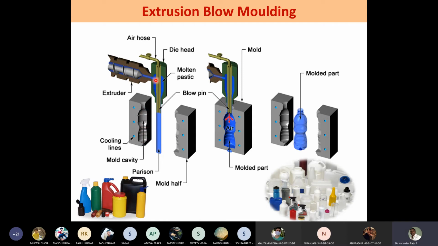When the thick molten material or the parison is passed through this cavity, after the cavity is closed, hot air is blown.